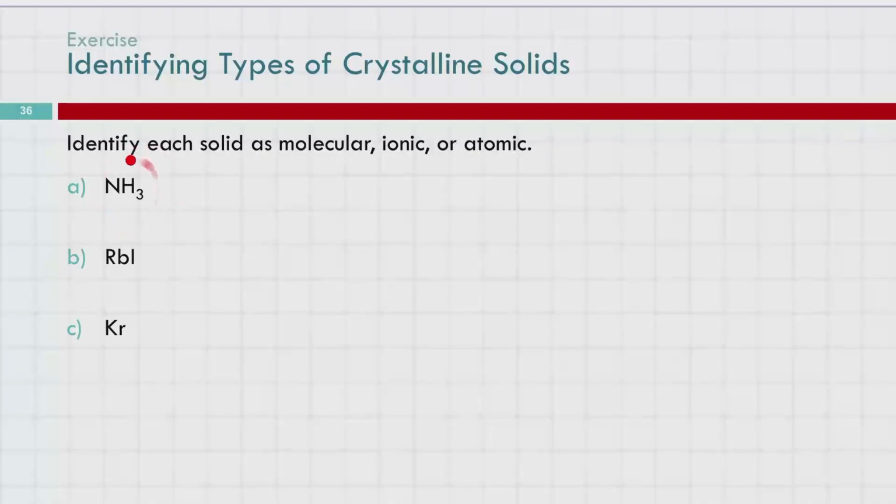Looking at our first one, NH3. What kind of elements do we have in NH3? Metals, metalloids, nonmetals? Yeah, one of those three. Which one? We've got nonmetals. It's just nonmetals. It's all stuff that's in that upper right corner of the periodic table.